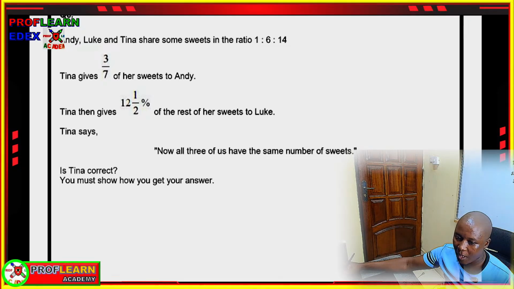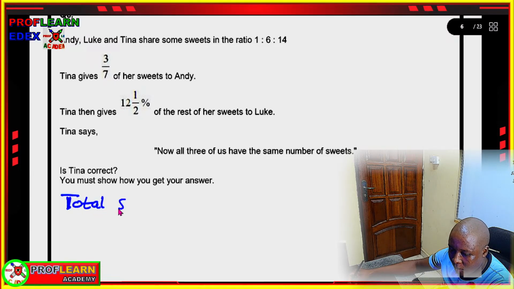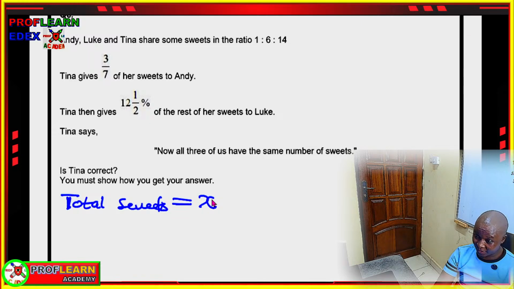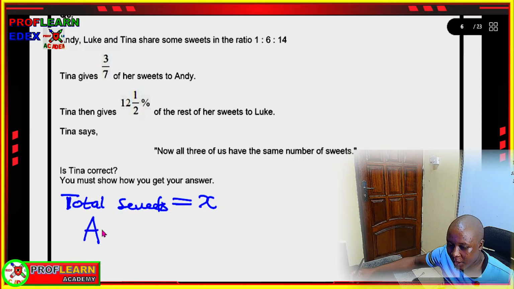Okay, so we are told that Andy, Luke and Tina share the sweets. Let the total number of sweets be x. Suppose the total number of sweets they are sharing was x. So what will Andy get? Andy is going to get 1 over 21, because the total ratio here is 21.